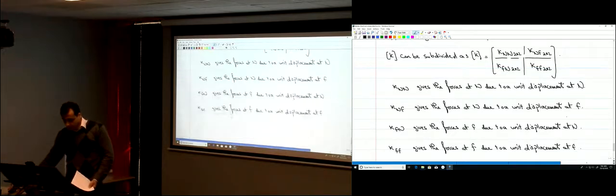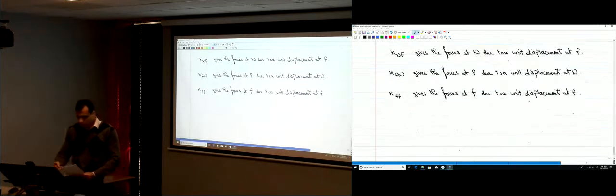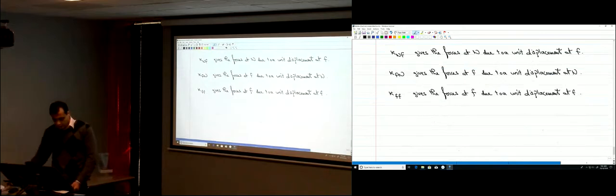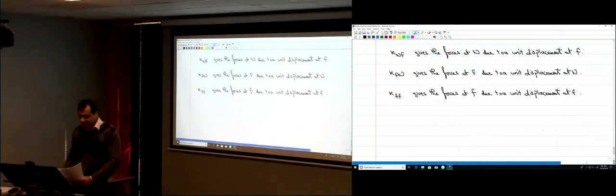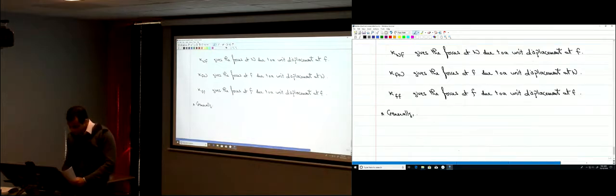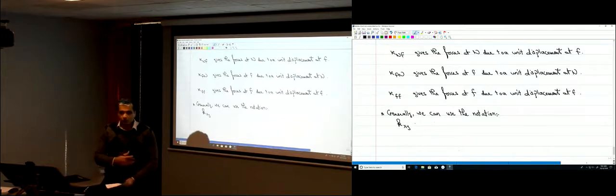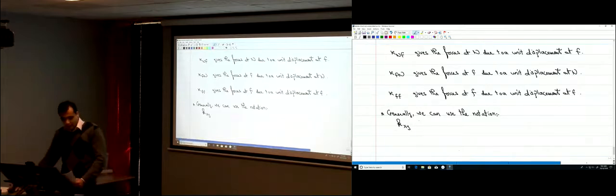Okay? So, as you see from this notation, we can generalize this to any element or any submatrix. So generally, we can use the following notation. When I say Kxy, whether it's an element or a submatrix, what does this mean?